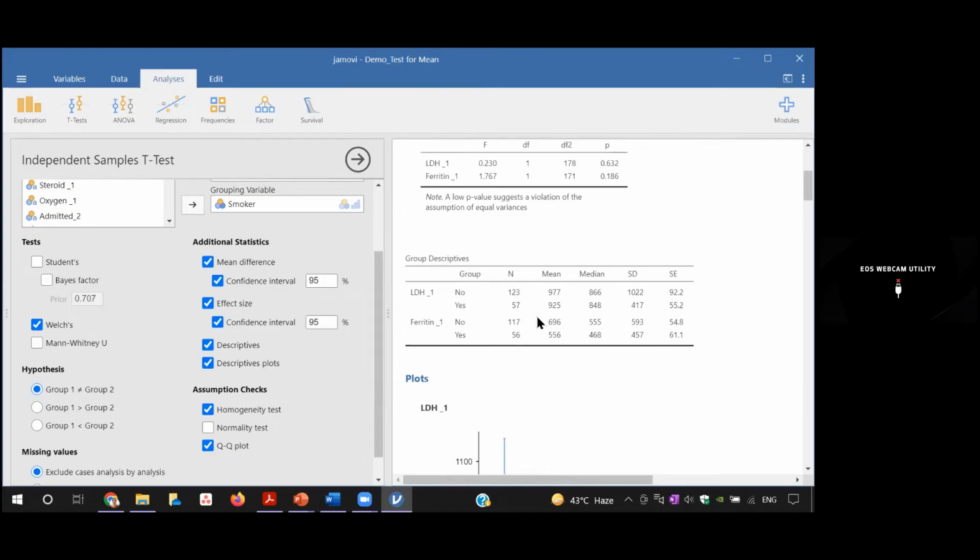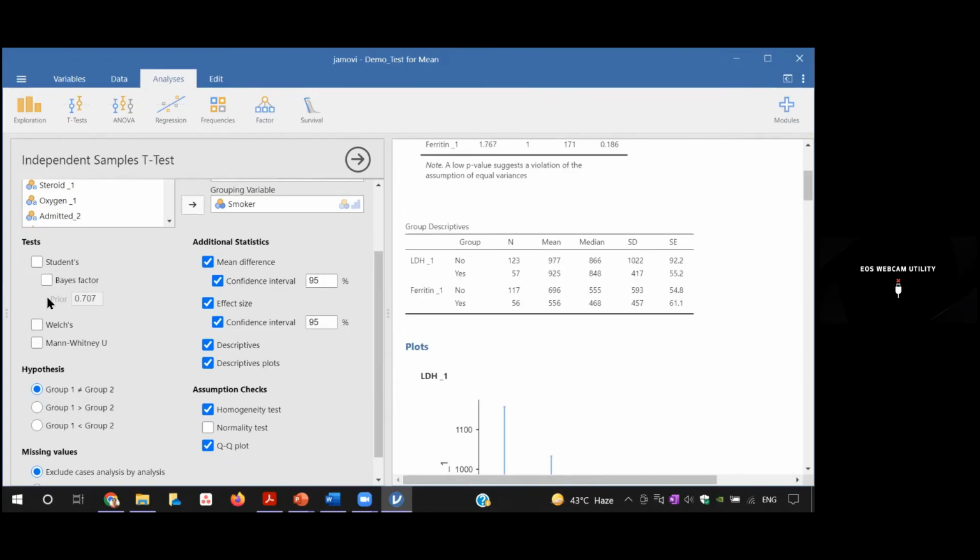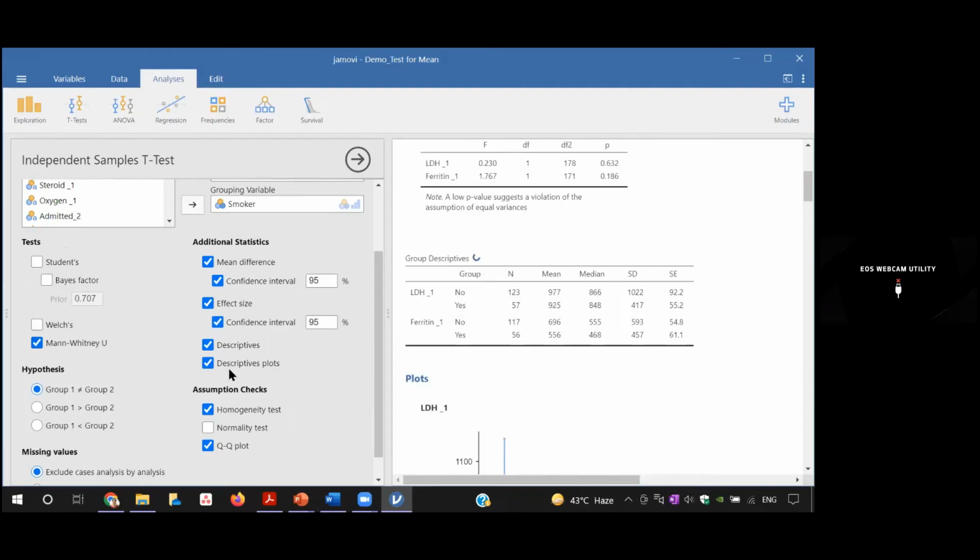So again 123 and 57, and in this case, since the homogeneity of variance was met, I will not use either of these two. Rather, I go for this Mann Whitney U.